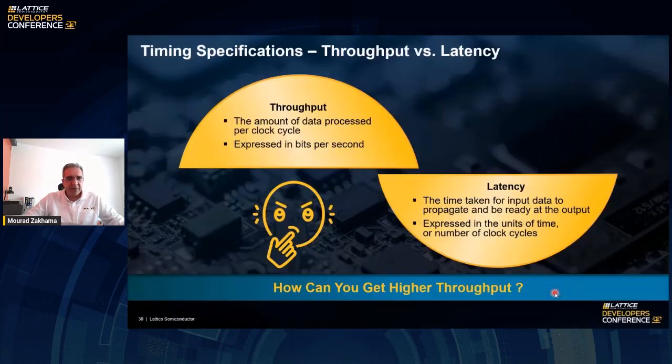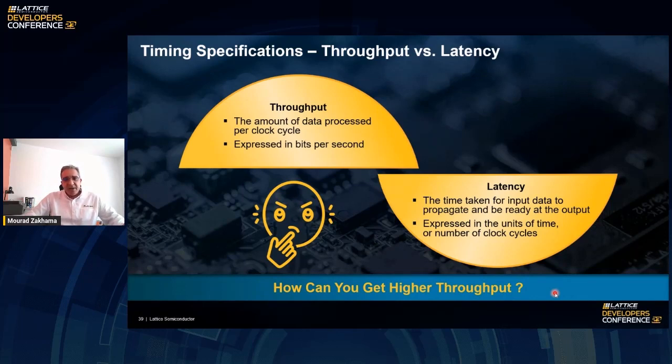Based on the trade-offs, you may prefer one implementation over the other, and we're going to go through some examples here. So what is throughput? Throughput is the amount of data processed per clock cycle. It is usually expressed in bits per second.